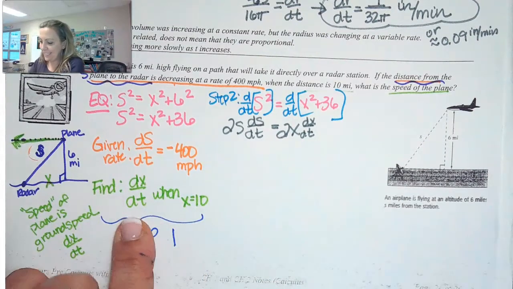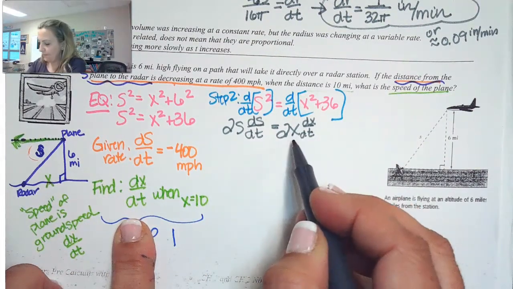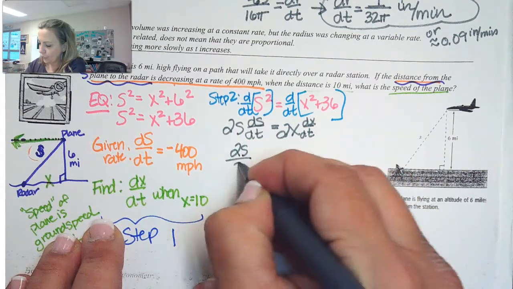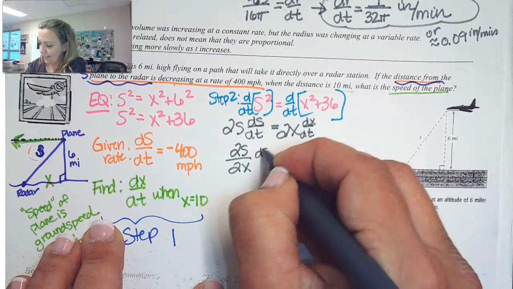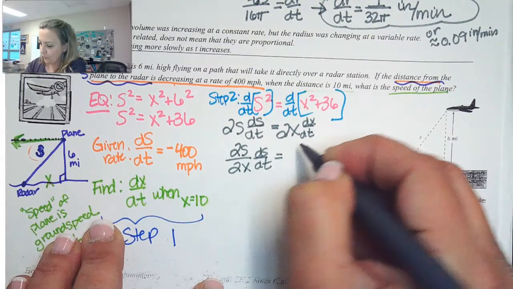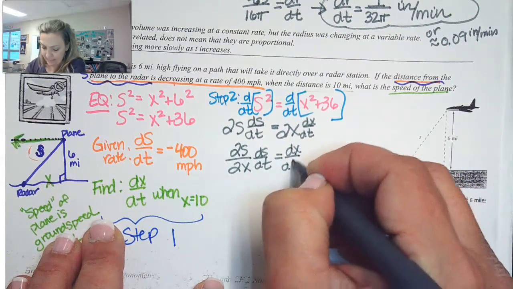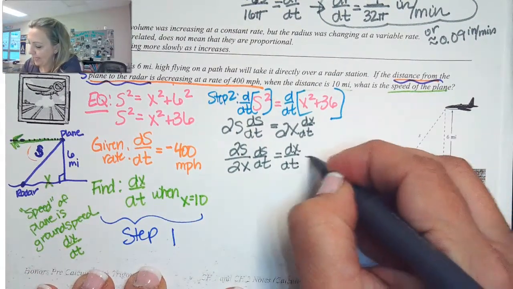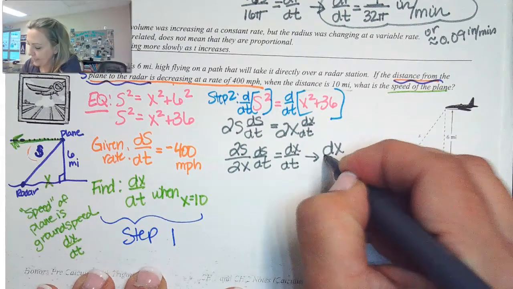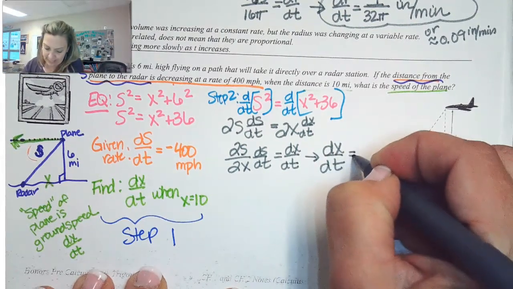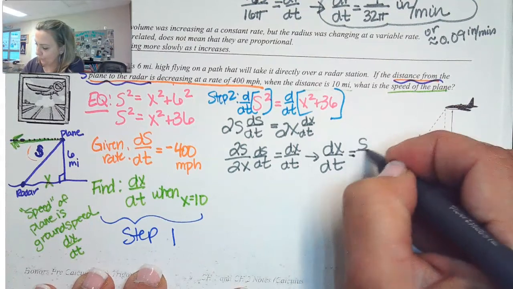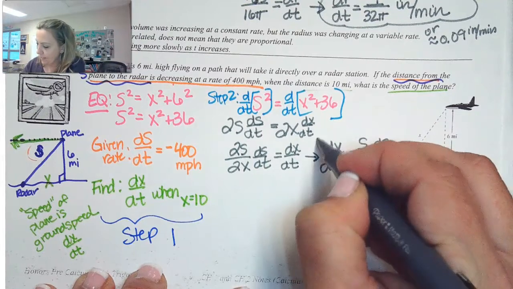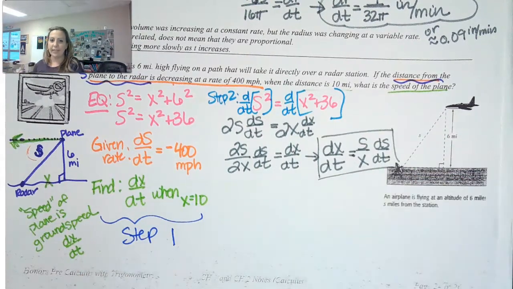We're finding dx/dt, so I'll divide by 2x. So I have 2s over 2x ds/dt equals dx/dt. Therefore, dx/dt is s over x times ds/dt, okay? So that's what we're getting for step two.